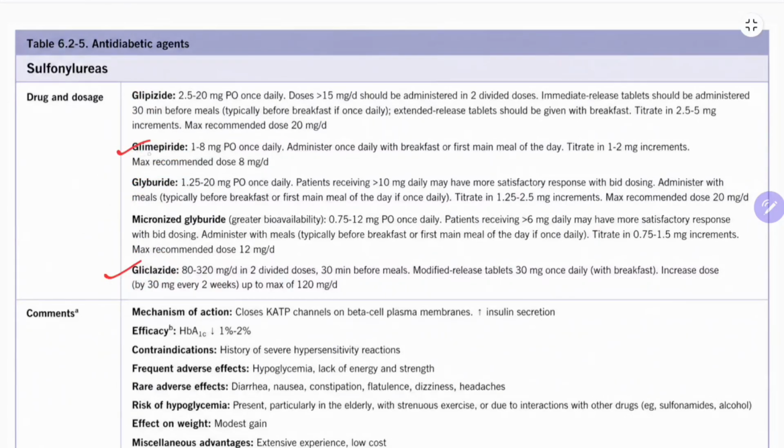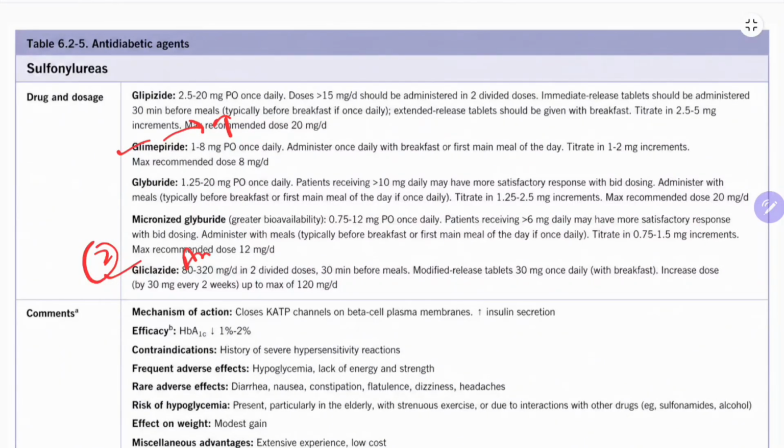Why? Because glimepiride is a long-acting drug, and it has another action, that is, it increases peripheral insulin sensitivity also, in addition to increasing the release of insulin. That's why glimepiride is very much commonly used. Second common drug used is gliclazide. Why?